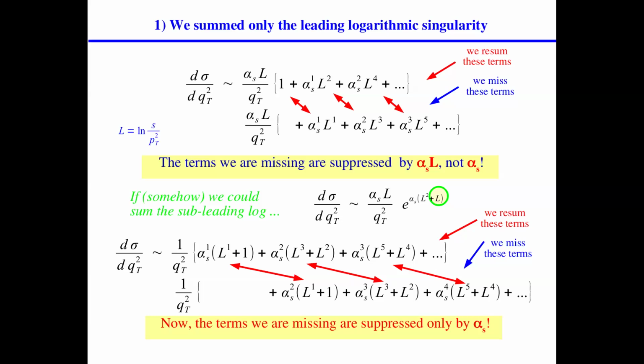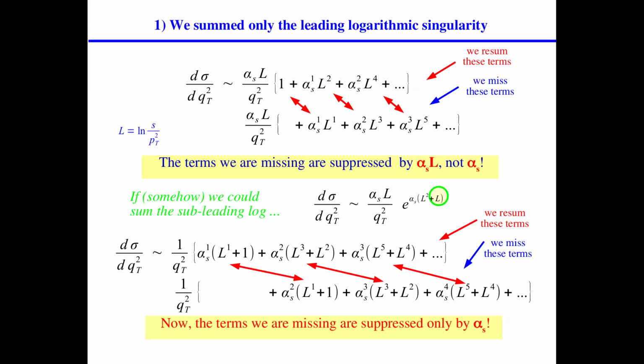And that's a problem because if that log is large, I mean alpha S, let's say it's 0.1, if that log gets to be of order 10, your perturbation series won't converge at all. So somehow, if we could sum both the log and the subleading log, that would be great. So let's pretend we can do that. If I exponentiate not just the leading log, the L squared term, but if I pick up the subleading log, and I expand that out, then I get this.